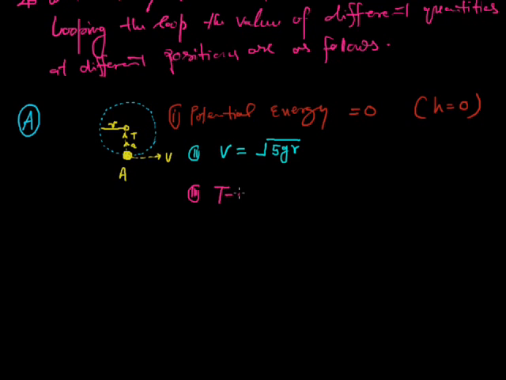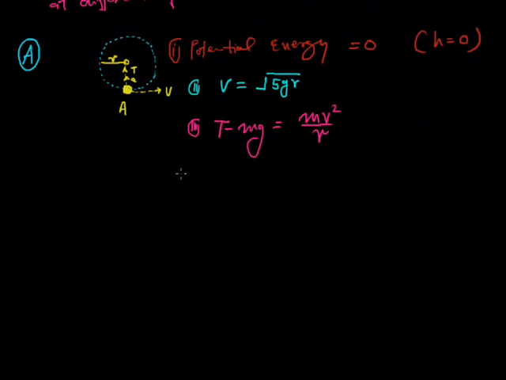So T minus mg equal to centripetal force mv square upon r. In this position, T is maximum, that is 6 mg at lowest point.